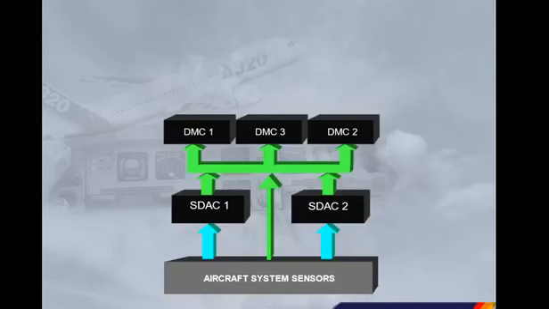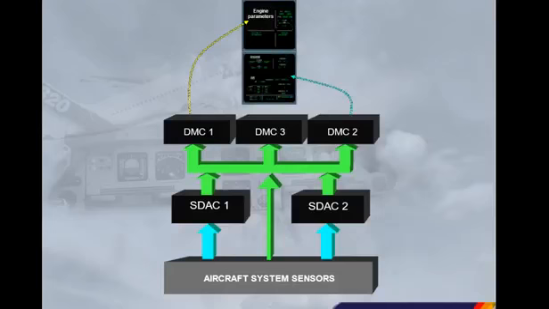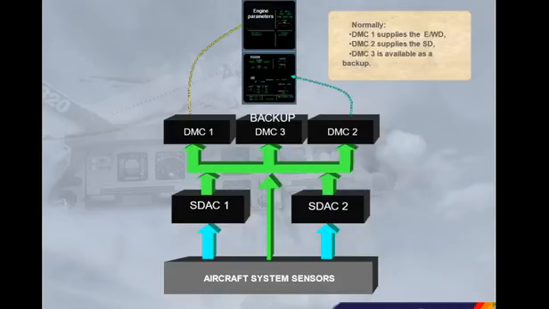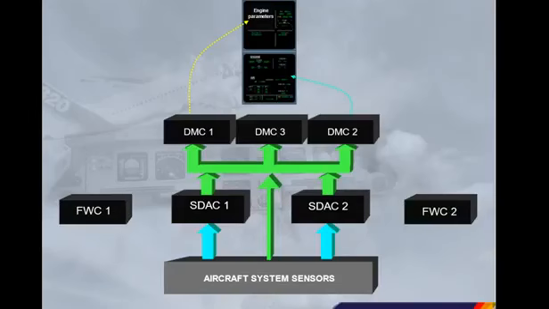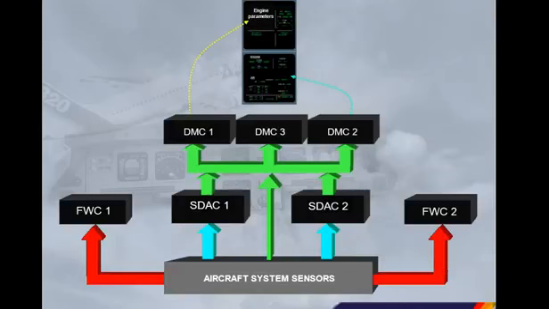Normally, DMC1 supplies the engine warning display. DMC2 supplies the system display. DMC3 is available as a backup. Two identical flight warning computers, FWC, receive data from the aircraft system sensors to generate red warnings, the SDACs to generate amber cautions.